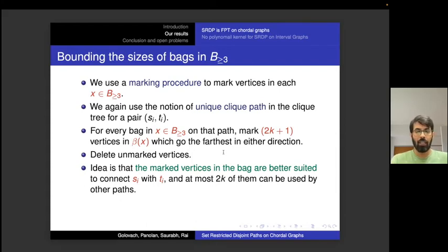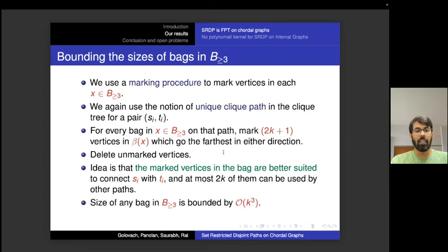So any vertex that gets deleted from this bag, there are at least 2k plus 1 vertices which are doing the job better than this vertex, which can have better connectivity, which can go farther. And at most 2k, or 2k minus 2 actually, of them can be used by other paths between other s_i and t_i. So we are still left with at least two vertices which can do our job, and hence marking these 2k plus 1 vertices on either side suffices, and we can delete the unmarked vertices.